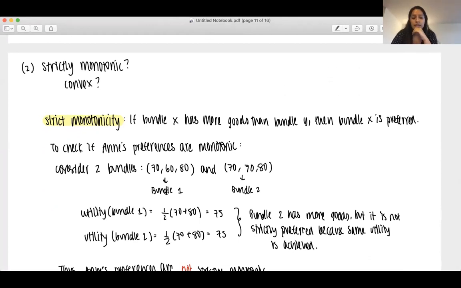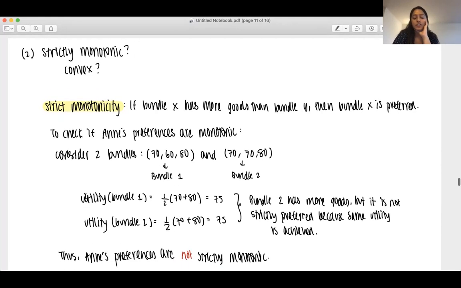So bundle 1 says that on her first exam she got 70 marks, on her second one she got 60, and on her third one she got 80. The second bundle says that on her first exam she got 70, on her second one she also got 70, and on her third one she got 80. So the only difference between bundle 1 and bundle 2 is that in exam 2, she got 10 marks higher than she did on the first bundle.